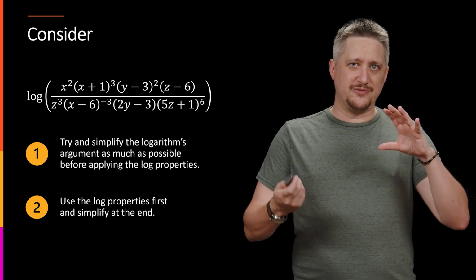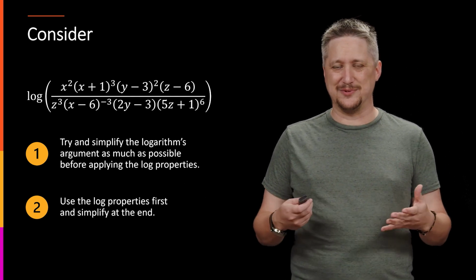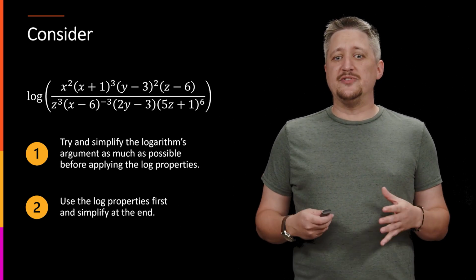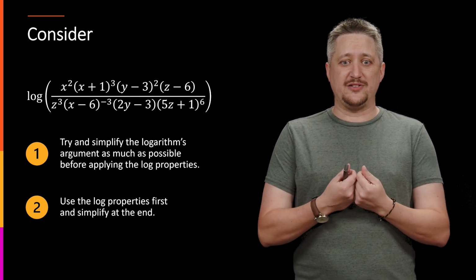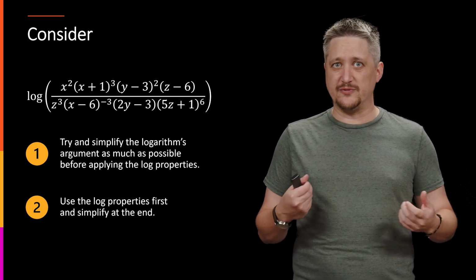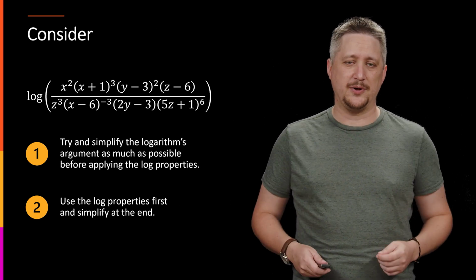It's more work, but it'll still get you there. The next step is to use the log properties to break this thing apart as much as you can, and then maybe simplify at the end if you didn't cancel everything out at the beginning.